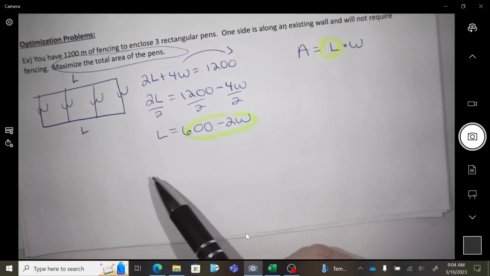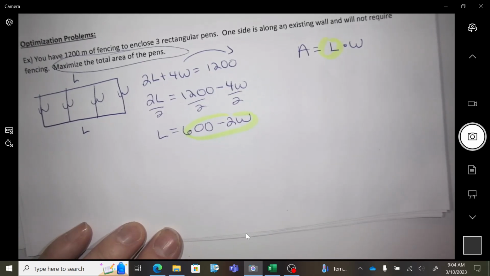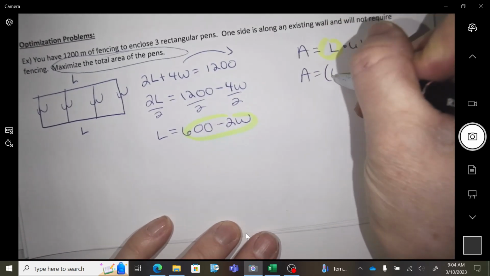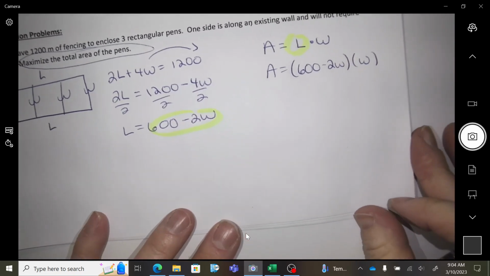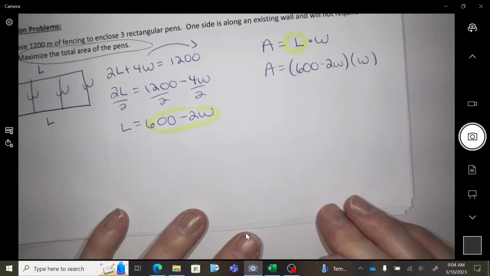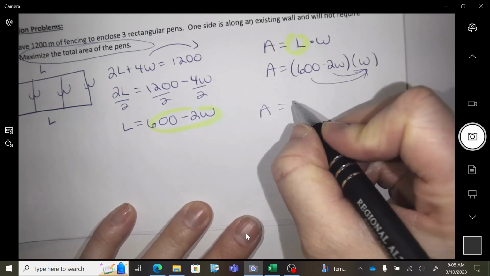Does this make sense to you? If this is equal to L, you can go replace the L. Does this all look a little bit familiar? Okay, distribute this bracket out.